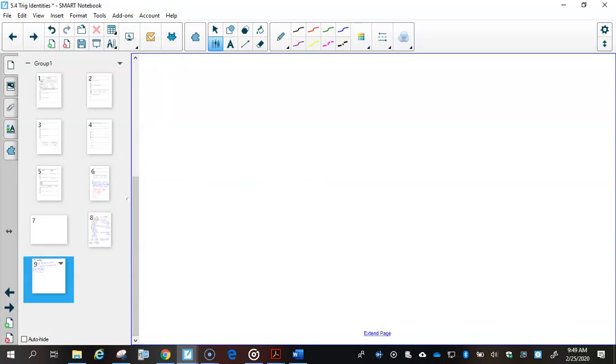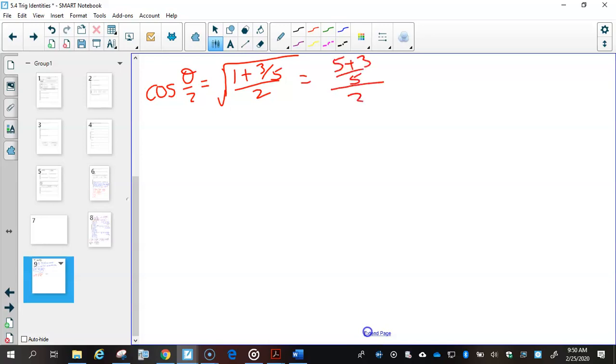So since we're looking for cosine, the equation was positive, and cosine's value is 3/5. Start simplifying. So I got common denominators first. I will rewrite my square root here.